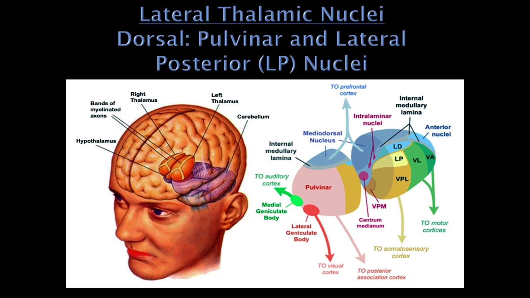All right, now we also have some lateral thalamic nuclei out here. And so the pulvinar, you can see, is a very large portion here of the thalamus, and we lump the lateral posterior nucleus of the thalamus together with this because they both seem to have really the same function. So the pulvinar and lateral posterior nucleus are very important for eye movements.